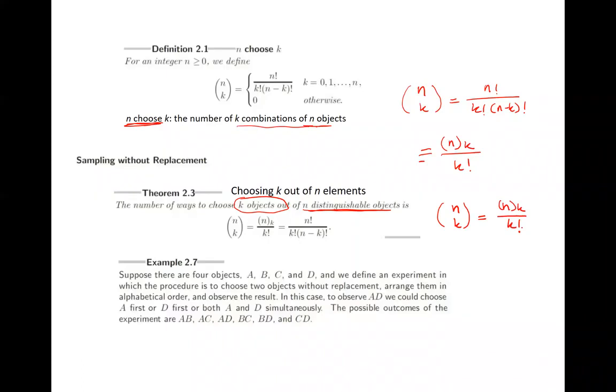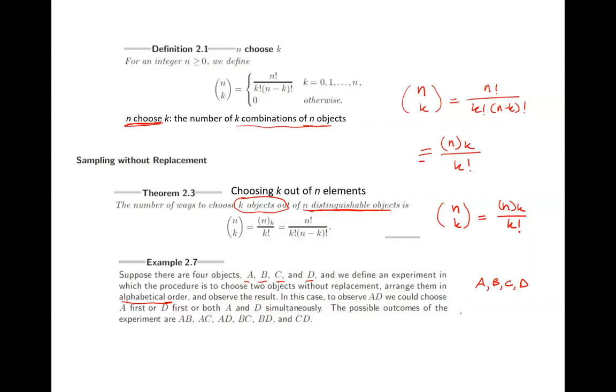Okay, let's see this example. We are given A, B, C, D. So 4 letters. And we define an experiment where we choose 2 objects without replacement. So when I choose one object, I can't replace it. And we arrange them in alphabetical order. Observe the results.